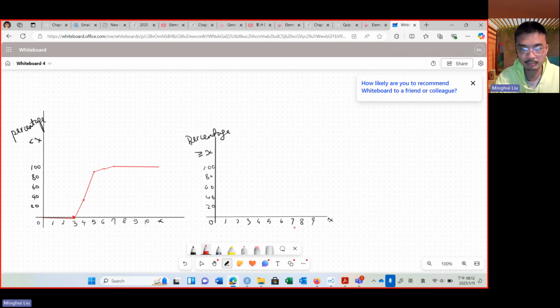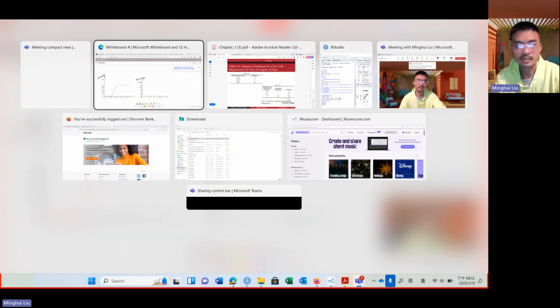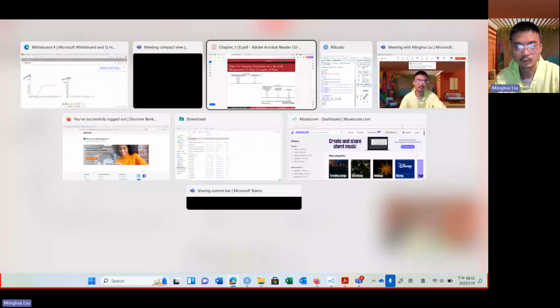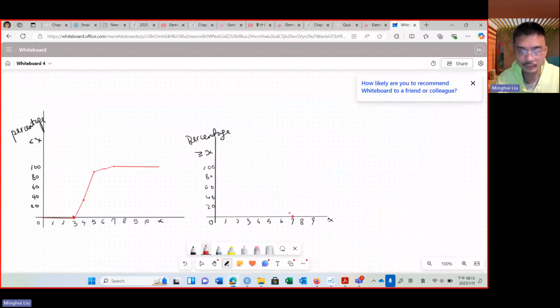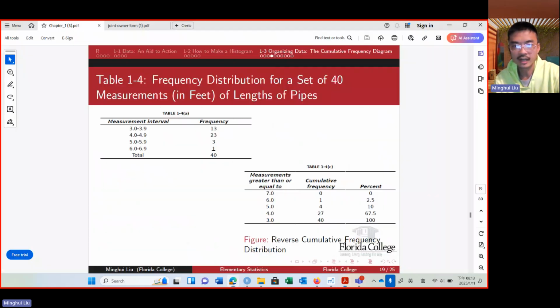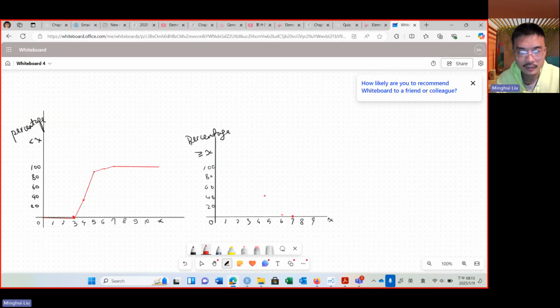And again, I'm going to plot dots. At 7 it's 0%, it's nobody. At 6, it's going to be 2.5%. So go back to here, that's 2.5%. That's very little, a small dot right here. And then at 5, it increases to 10%. So it's about 10% right here.